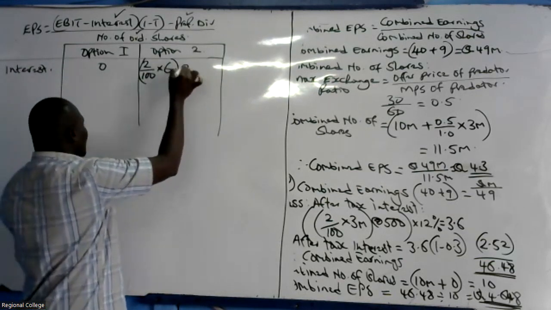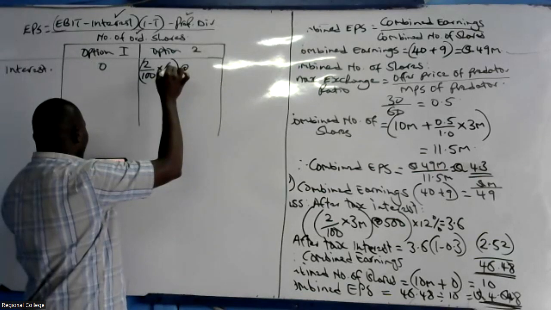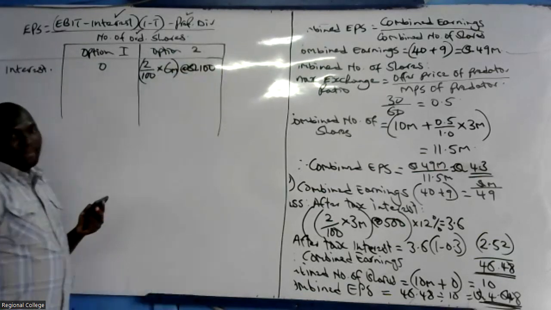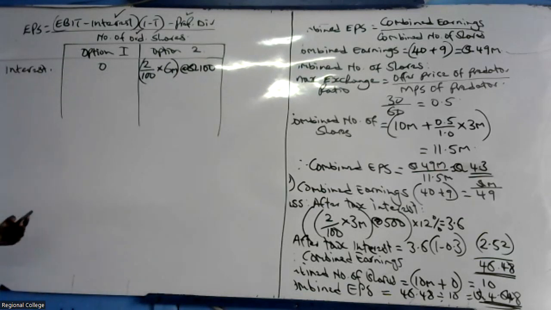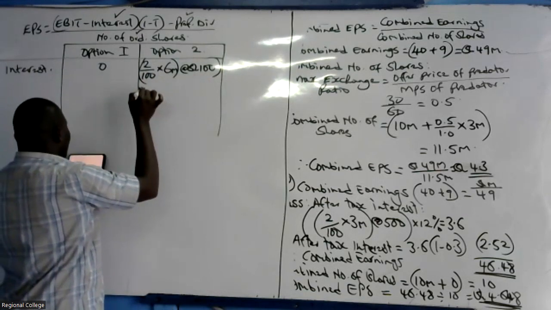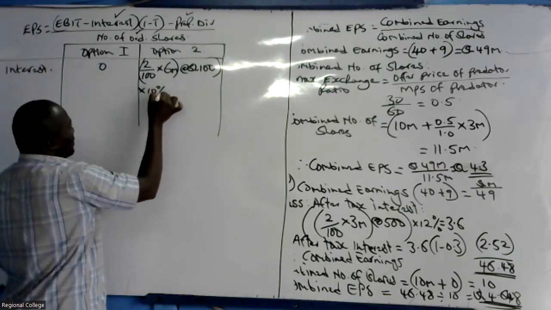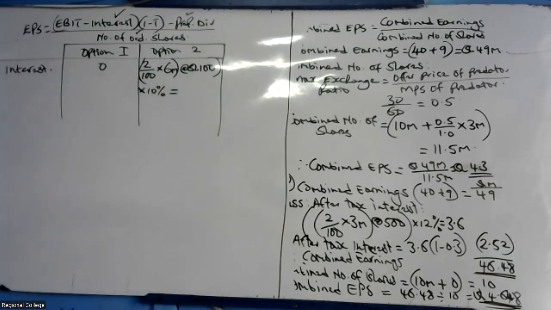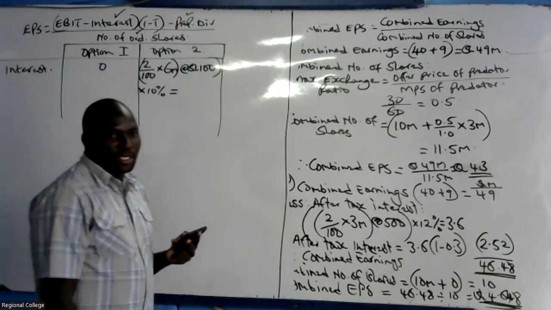Right? 2 debentures for 100 out of 6 million shares, and each debenture has a par value of 100 shillings. And all that we multiply by the interest rate of 10%. So how much is our interest? 1.2.